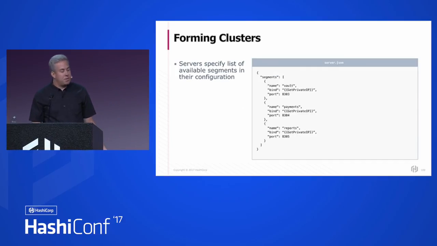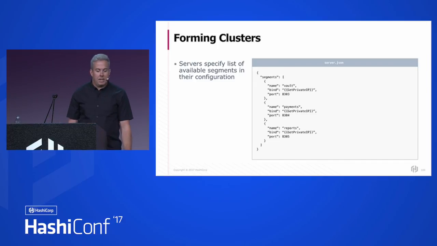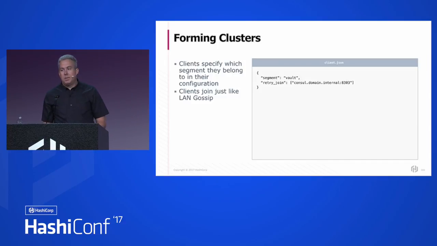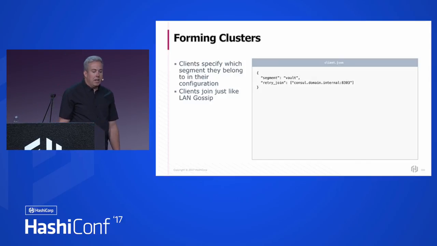When you form clusters with segments, on the servers you just configure the list of available segments and assign them port numbers, and potentially different interfaces if the server is multi-homed. On the client side, you simply list which segment you're in, and then you join the same way as you did for LAN gossip. So it's really easy to use.